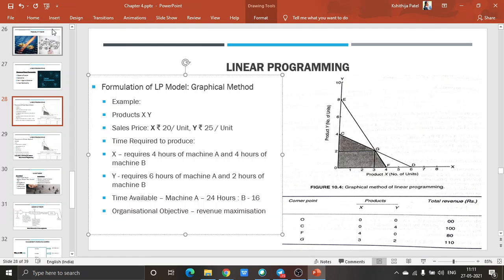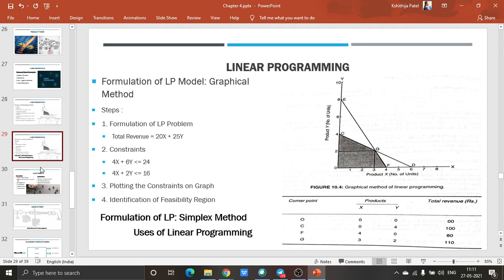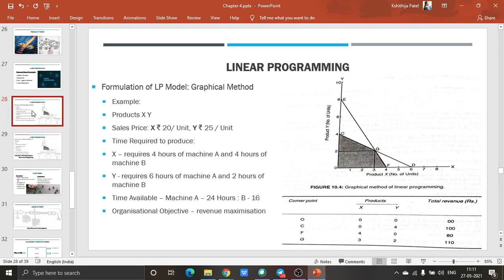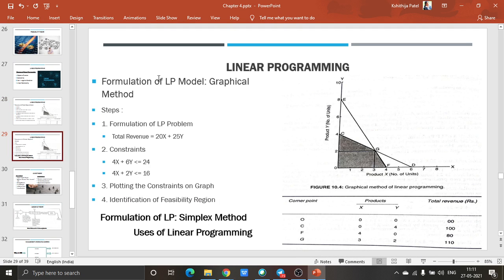So, how do we formulate it using the LP method or linear programming method? This is the question and the information, and there we can see four different steps by which we are able to reach the answer.